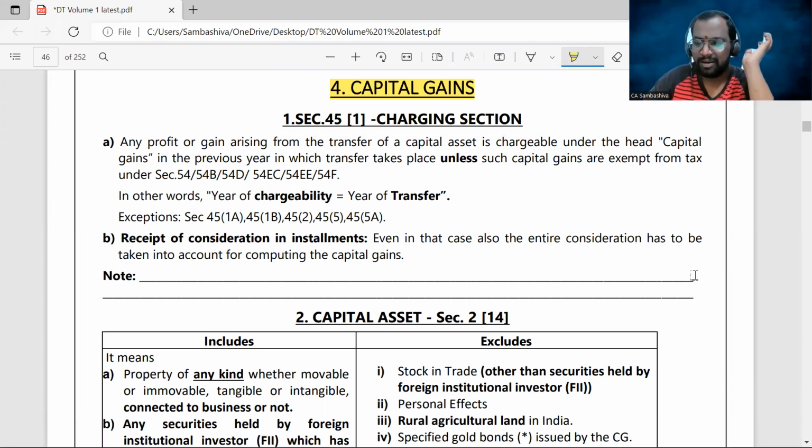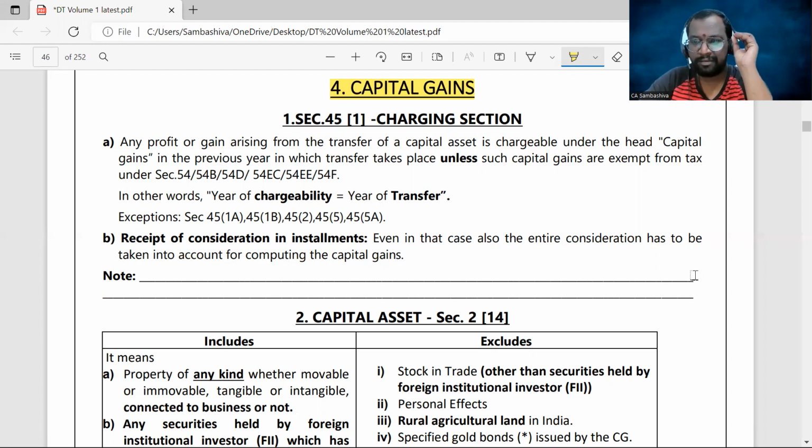And after that, you have some guaranteed question chapters like PGBP, profits or gains from business or profession, capital gains. Out of the total 5 heads of income, what are they? Income from salaries, income from house property, PGBP, capital gains, income from other sources.